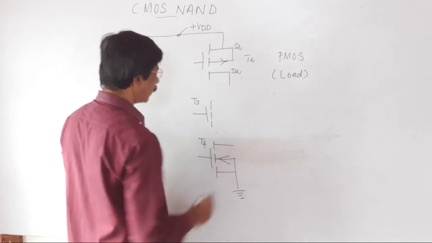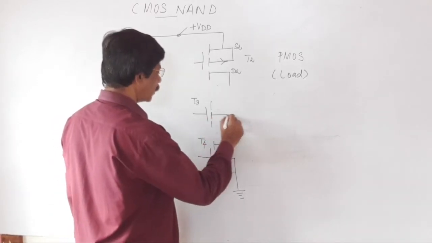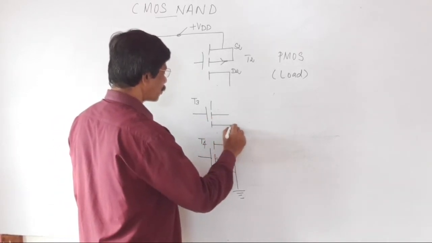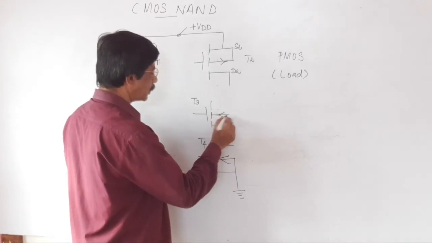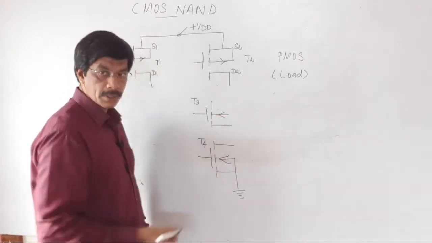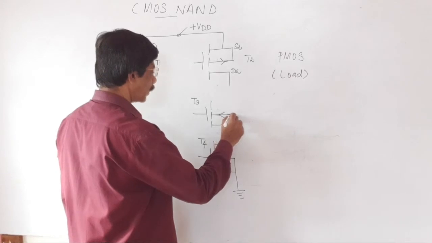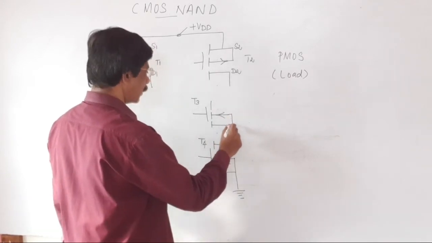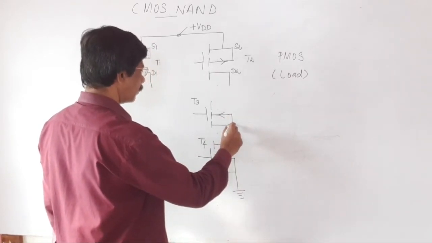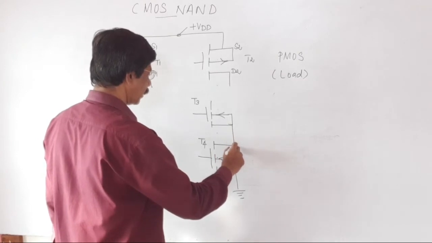This is the drain terminal, and here also this is the substrate, this is the source. The arrow is moving towards the gate terminal in the case of an NMOS transistor, and both are interconnected. This interconnection is given to this drain terminal.